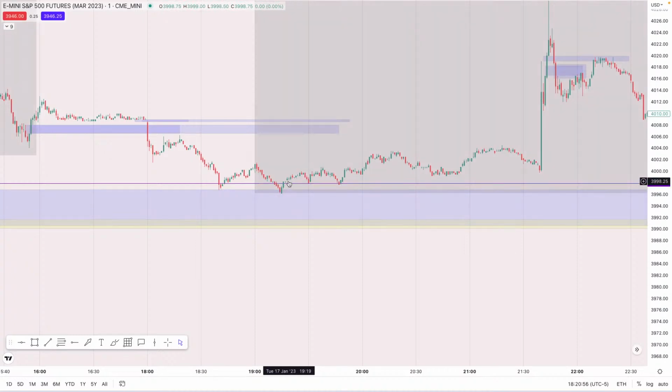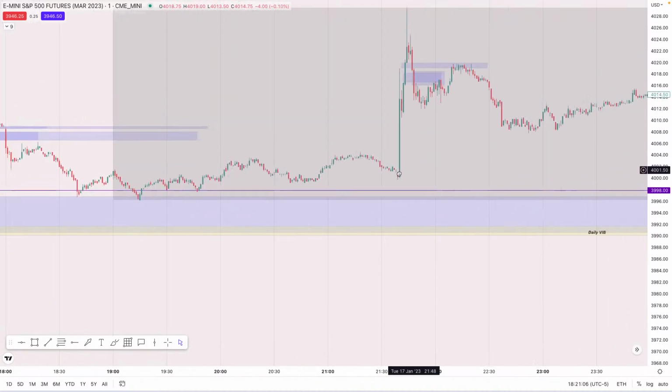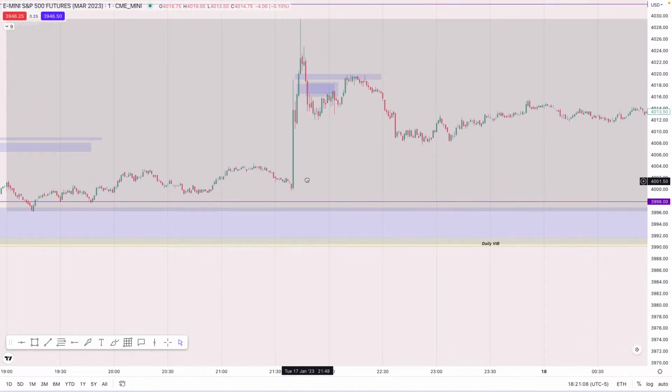So I actually took a long entry right here, and I just set my stops, my sell orders right here. Well, news came out, Bank of Japan, and this thing skyrocketed. Then we had more BPR going on up here.